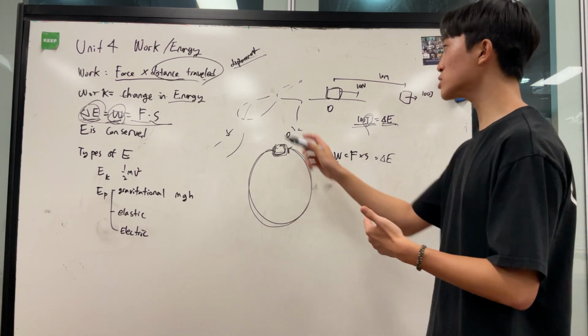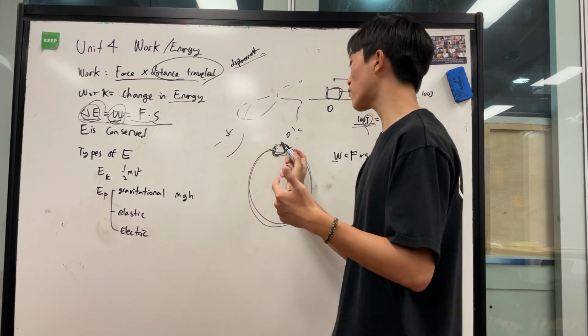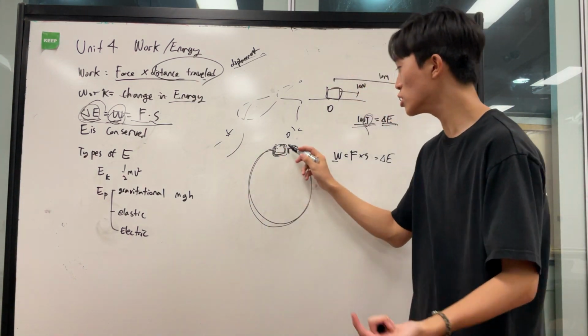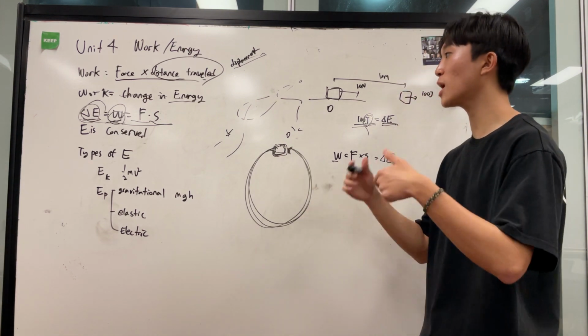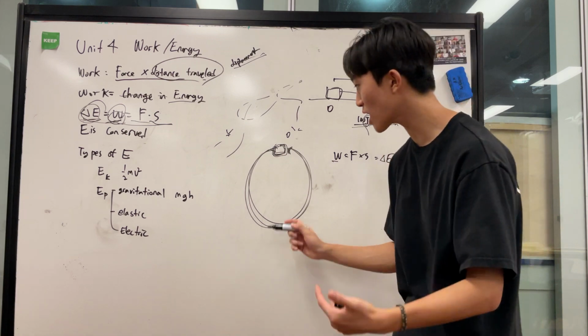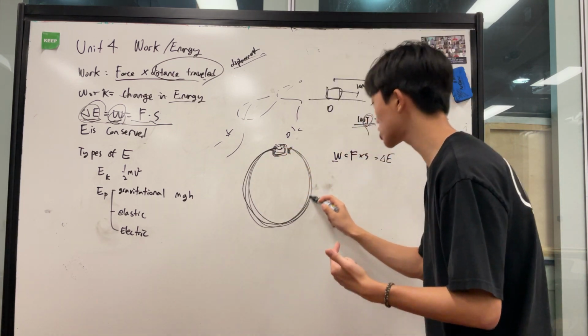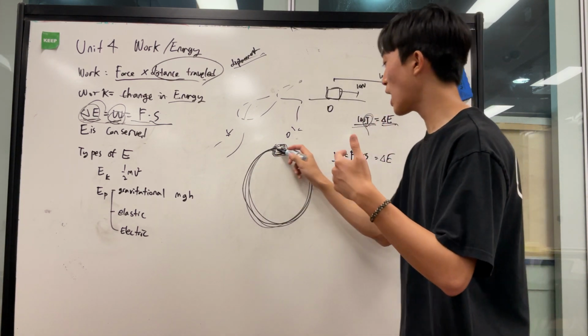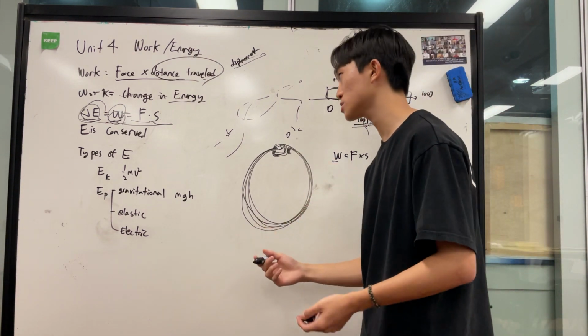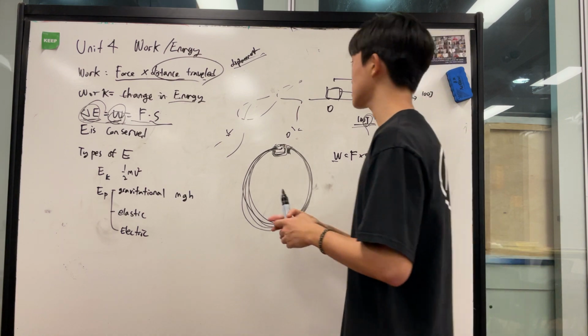Which means if you use displacement instead of distance traveled for this type of action, you would have 0 work done, which is obviously not true. You literally rotated the box, which means you applied work onto this box. Thus, you would instead have to use distance traveled, which is literally how much the box has traveled, how long of a distance you have applied force onto this box. So please know that difference.